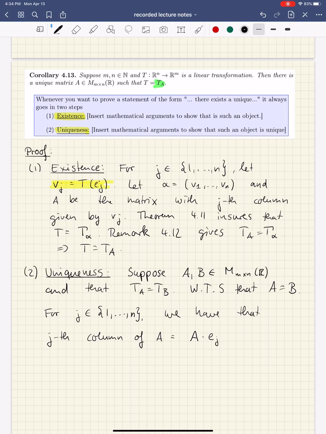And so now if you think about it, how does matrix multiplication work? It takes a row of A, let's say the first row, times Ej. Well, since Ej has only a 1 in the jth coordinate, it picks out the jth entry of the first row.